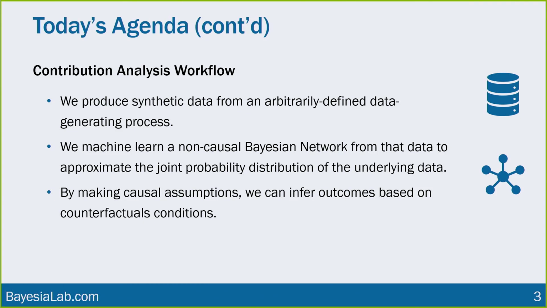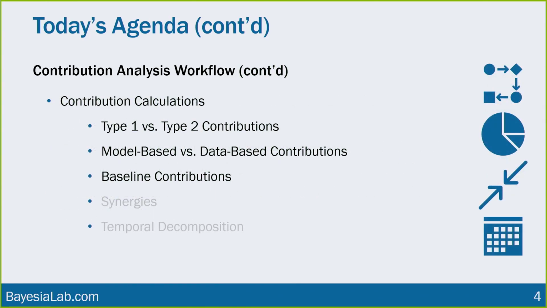With that Bayesian network, we can do a whole lot of things. Most importantly, by making causal assumptions, we can infer outcomes based on counterfactual conditions. This is precisely what we need: getting these counterfactual outcomes, because with that, in the remainder of this workflow, we can then calculate contributions.